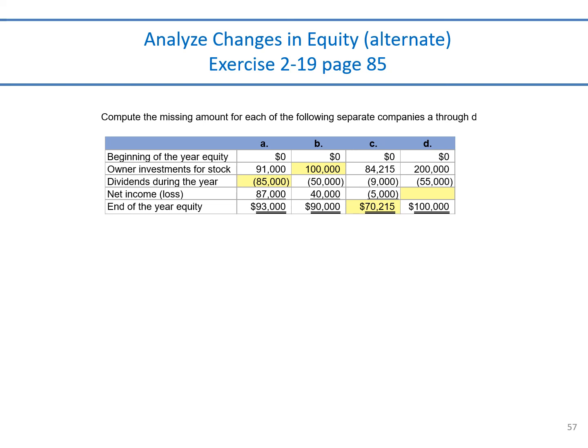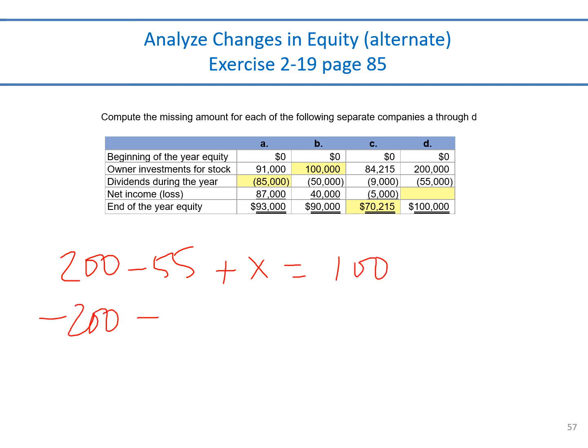All right, and then in letter D, we have 200,000 minus 55 plus X, or what number, equals 100, right? So I subtract 200 and I add 55, and I have 100 minus 200 plus 55.